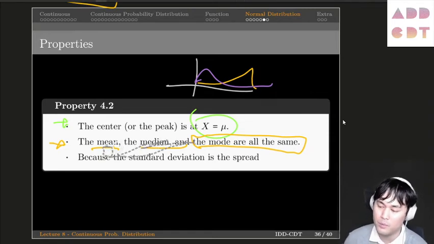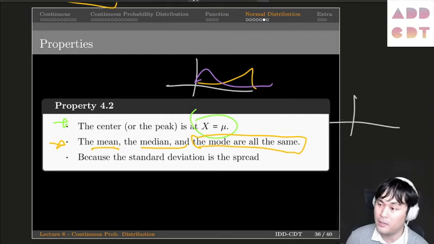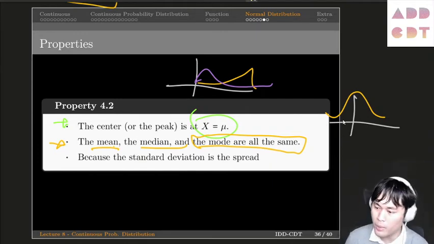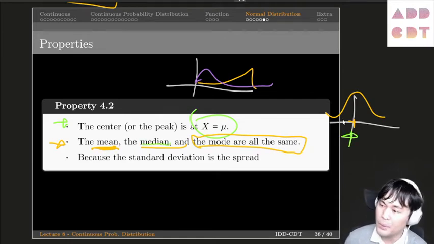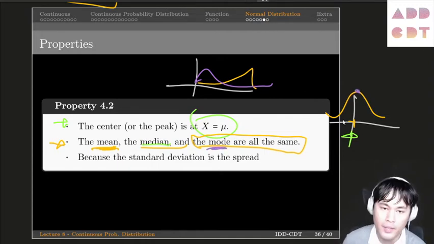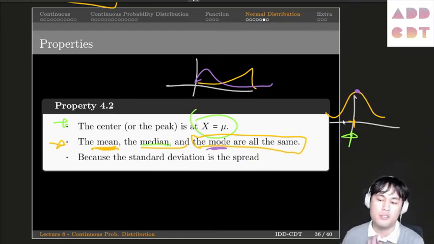It depends on which one is higher or smaller. But the nice thing is that the normal distribution is symmetric. The mean is the average, the median is the middle point, and the mode, the most frequent or the highest point, are all the same.